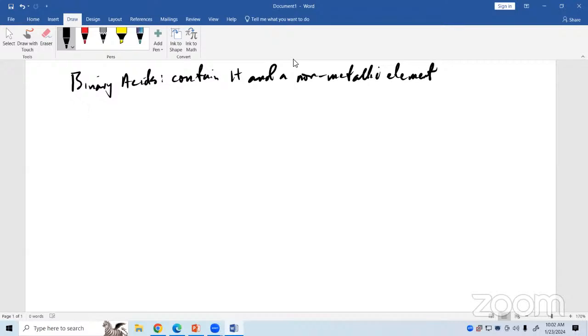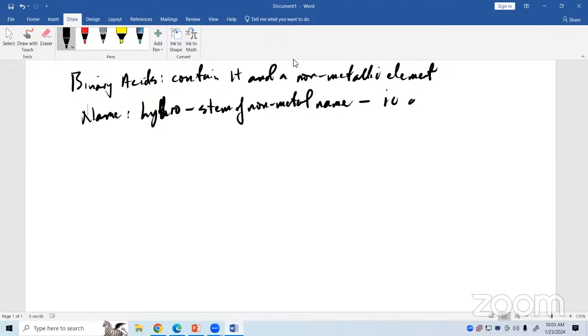So how do we name binary acids? To name binary acids, we first mention the hydro part of it. All binary acids start with hydro. Then the stem of the name of the nonmetal, and then we follow that up with ic acid.